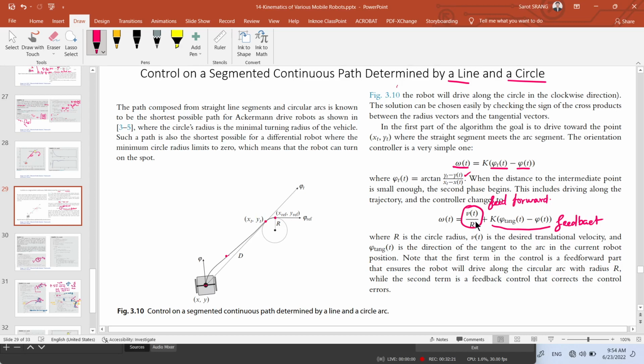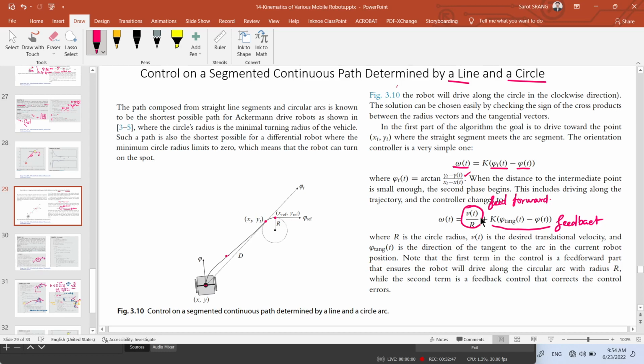Feed forward means we don't need to know the location of the robot. We just assume that the robot is where it's supposed to be. So if it is at that place, it should have a certain velocity, or certain angular velocity, which is feed forward.